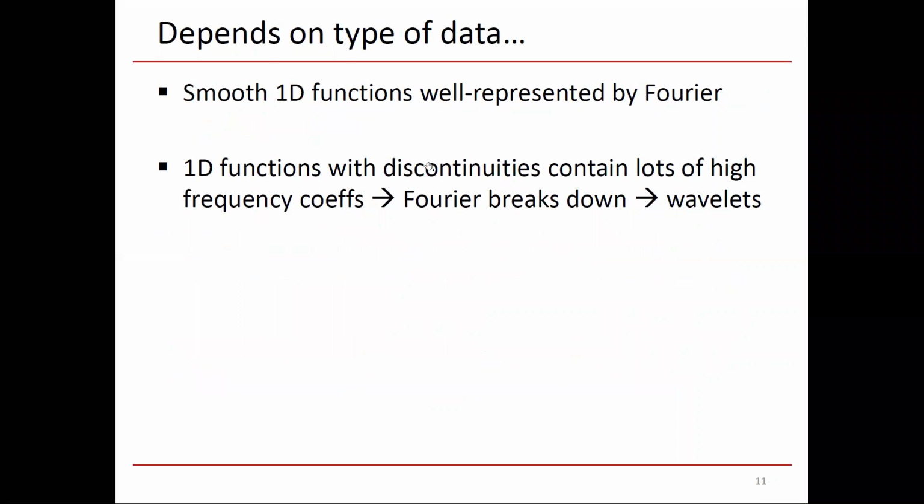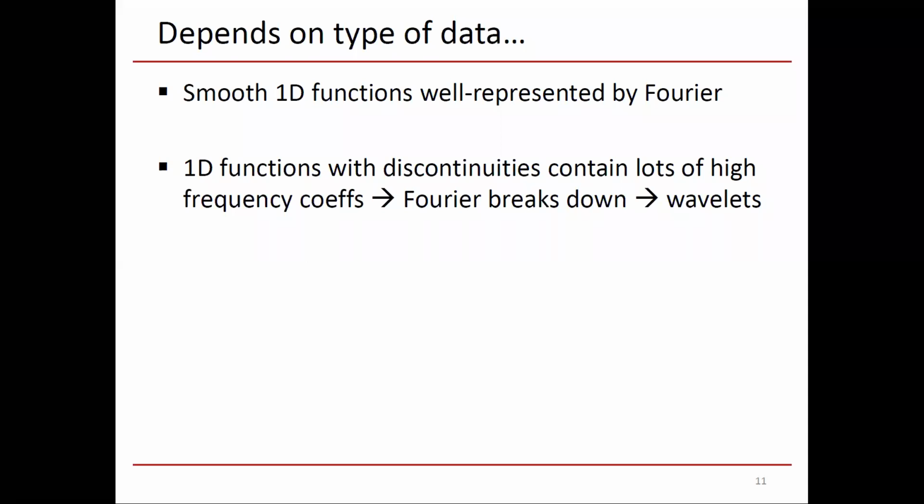So now, of course, it depends what type of data. For example, if you have a smooth 1D function, smooth signals have smooth derivatives. And in undergraduate signal processing, I'm sure that you discussed how these types of signals are well represented by the Fourier basis. Now, what if you have a 1D function that is not smooth, that contains discontinuities?